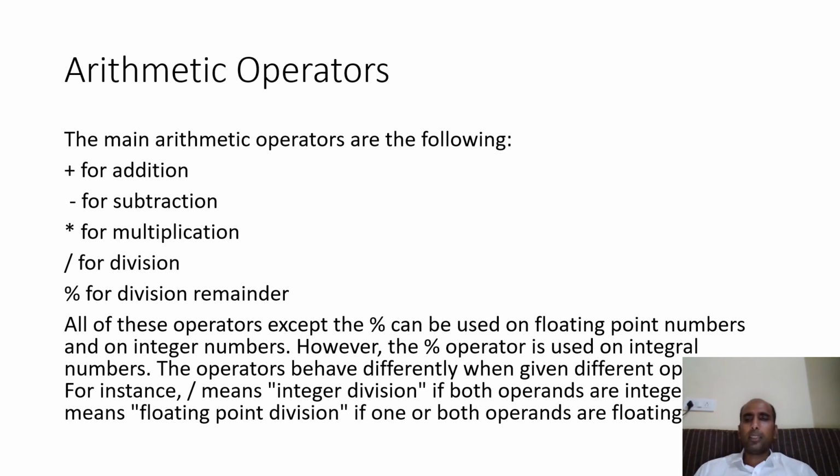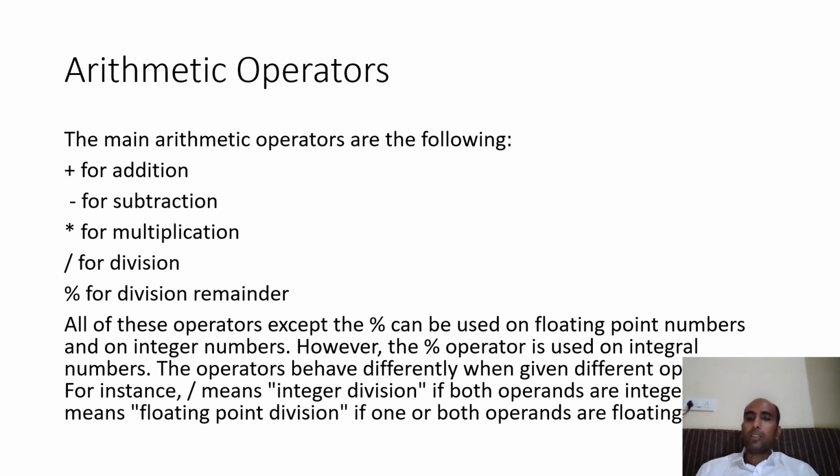So there are some operators. Let me recall you. Plus is used for arithmetic addition. Minus is used for arithmetic subtraction. Star, that is used for multiplication. Forward slash is used for division, and modulus is used for finding out remainder. So what modulus does?